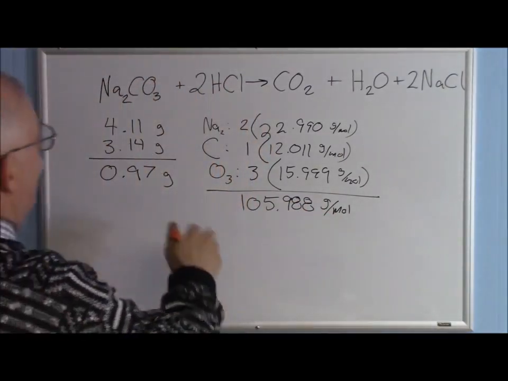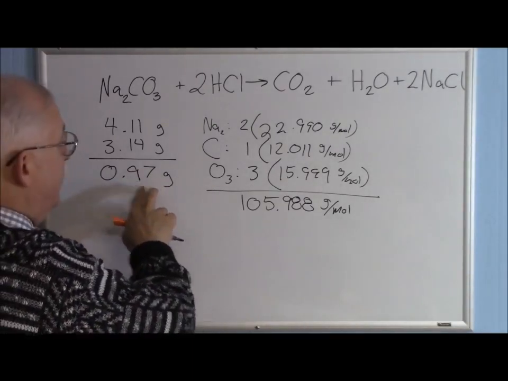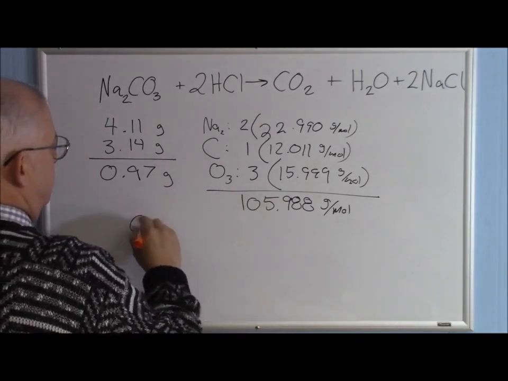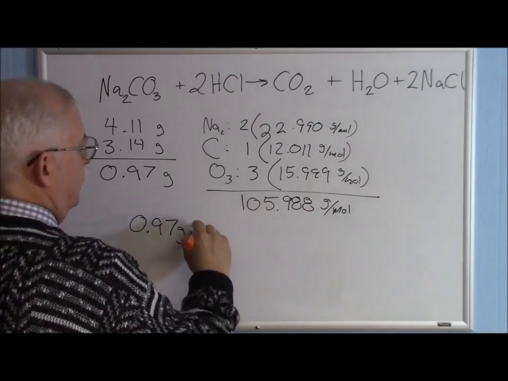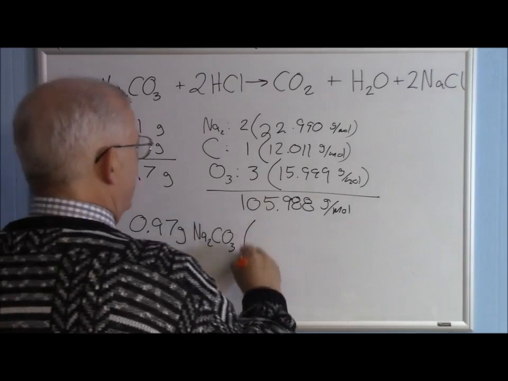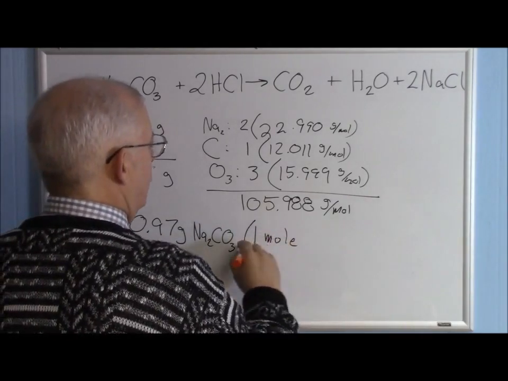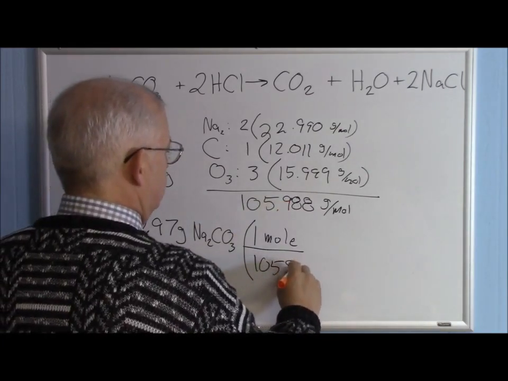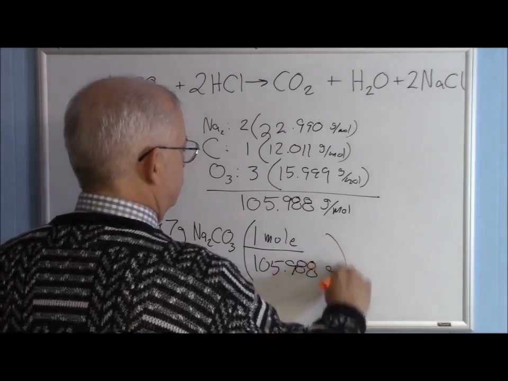Having got that far, now let's convert 0.97 grams into moles. So to do that, we put 0.97 grams of sodium carbonate times 1 mole per 105.988 grams.